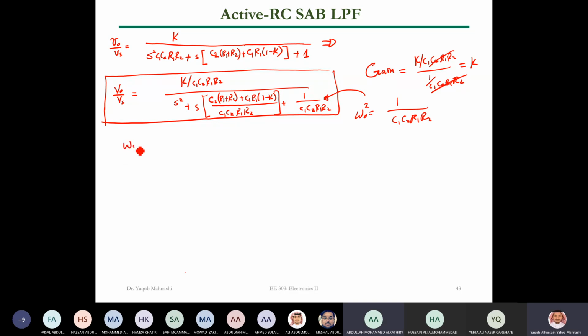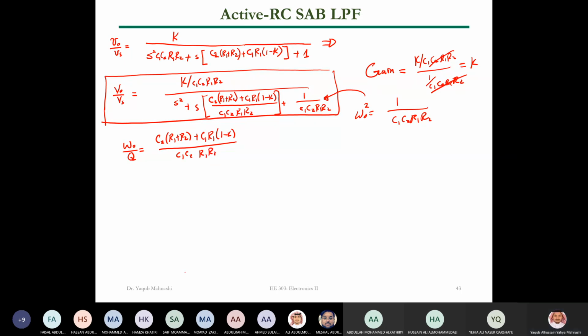So it is omega naught over Q, which is the S coefficient here, which is R1 plus R2 plus C1 R1 times 1 minus K over C1 C2 R1 R2.